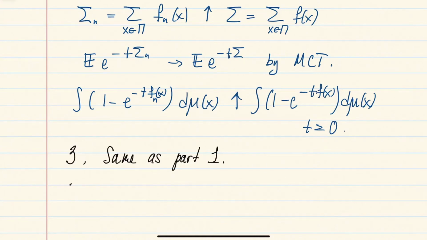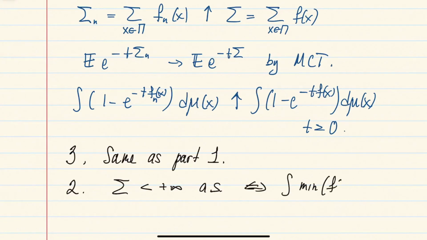And then finally, part 2: we want to check when this series converges almost surely. Namely, we want to show that this holds if and only if the truncation of our function at 1, when you integrate it with respect to the mean measure, converges.